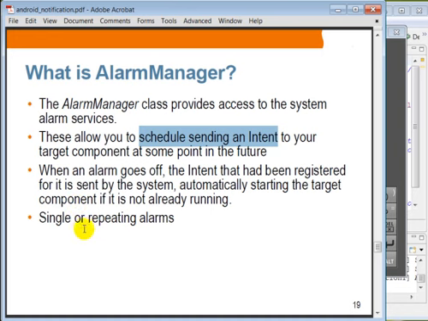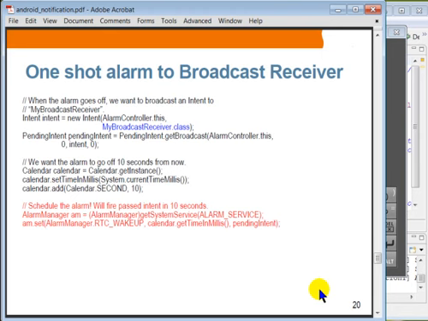So it could be single or repeating alarms. Let's see the code. This is a case where we are sending a single alarm to a broadcast receiver. Here we create an intent object, passing the context object, and we specify the target broadcast receiver class. And then we create a pending intent object, and then we create the calendar object.